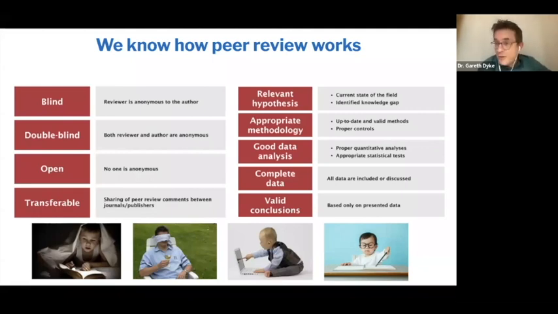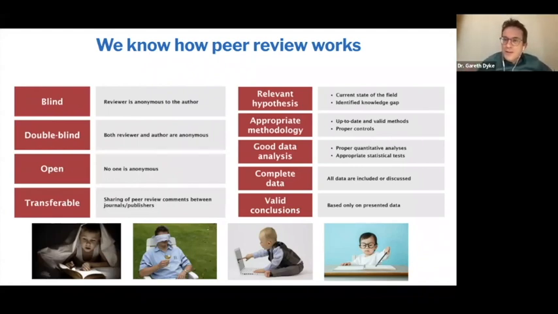If your paper gets rejected, maybe you'll be asked by that journal to transfer those comments over to another journal within the same family. For example, Nature Publishing Group has a manuscript transfer system.